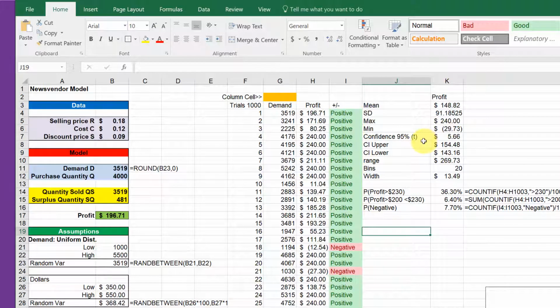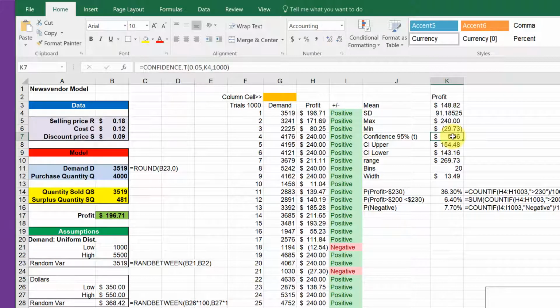and then assuming that the output is a distribution that is suitably modeled by a t-distribution, I found the confidence interval using the CONFIDENCE.T, which requires the alpha, 95% will be 0.05, and then the standard deviation there of 91.18, and then we've got the n, which was 1,000, and that gives me the half width of the confidence interval, and then adding and subtracting that gives us the upper and lower limits of the confidence interval.